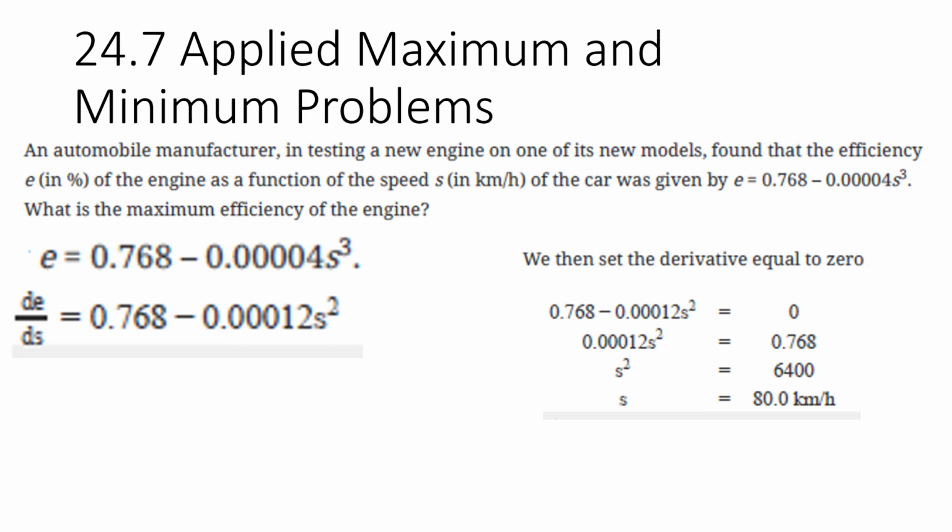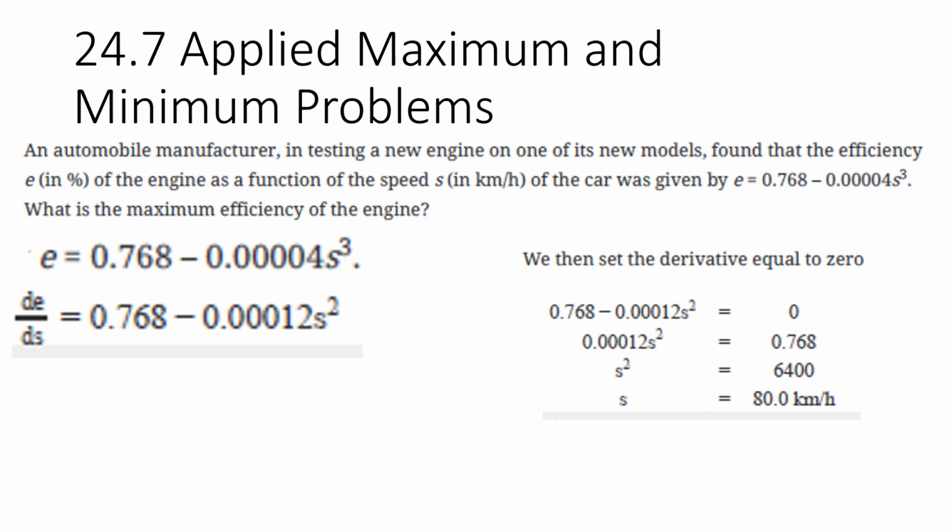And I'll go ahead and plug in values that make it equal to 0. And I'm thinking they're missing an s in this equation. E equals 0.768 s minus 0.00004 s cubed. So I think they're missing an s in their equation. Sorry about that. But basically, they set the derivative equal to 0.